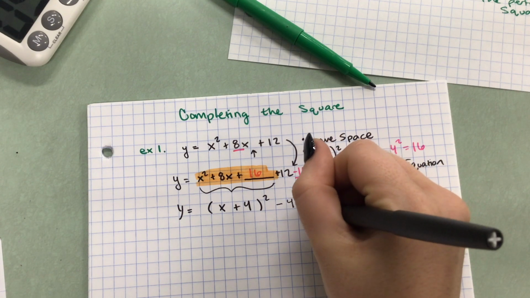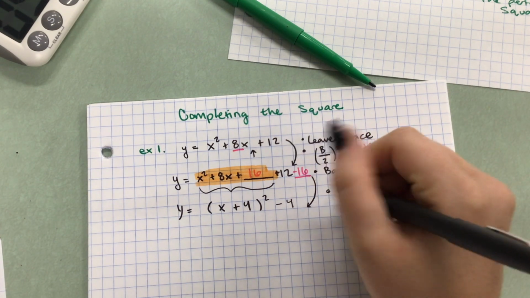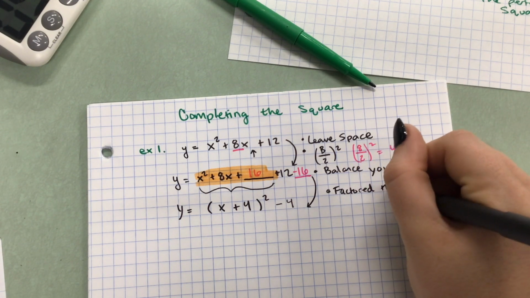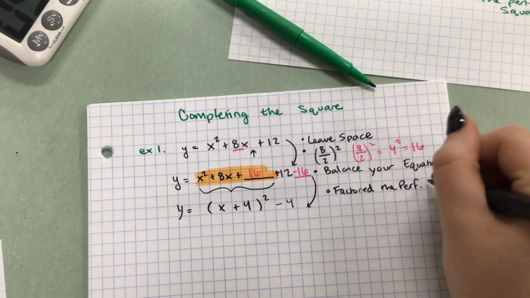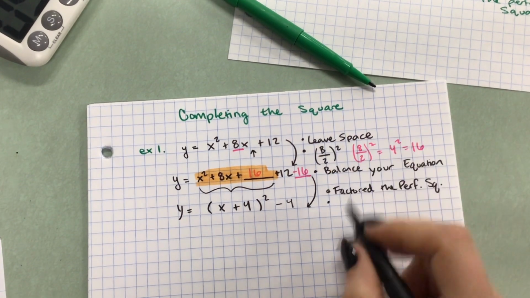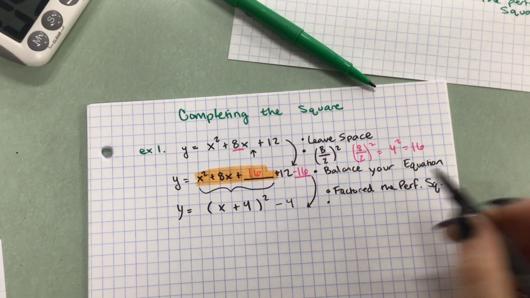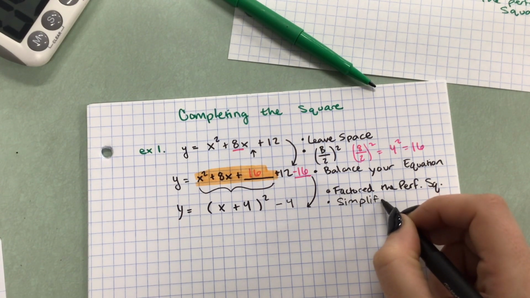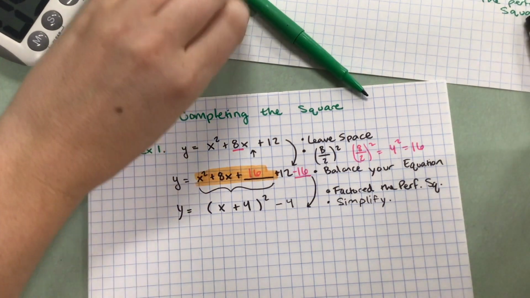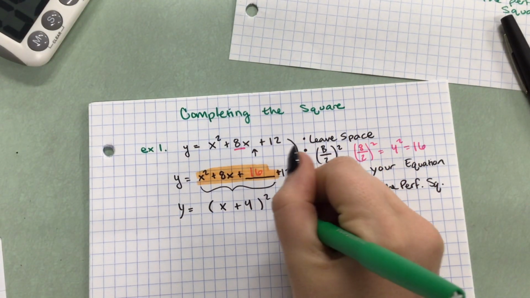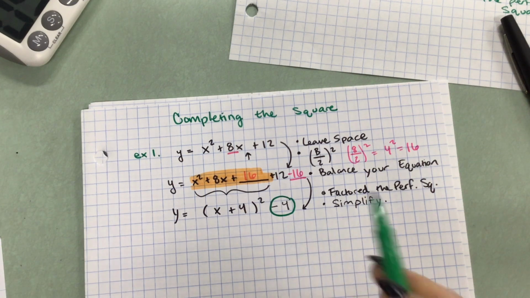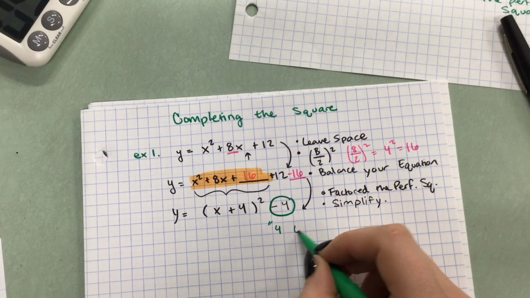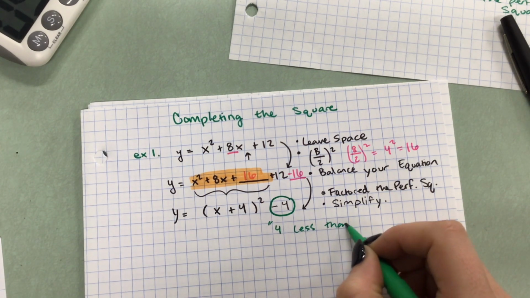So from here to here, I factored the perfect square. And let's see, what else did I do? Oh, I simplified. This minus 4 tells me that I have 4 less than the perfect square.